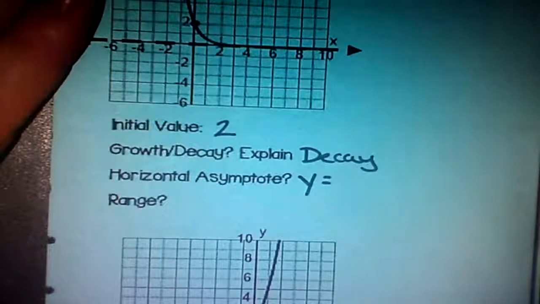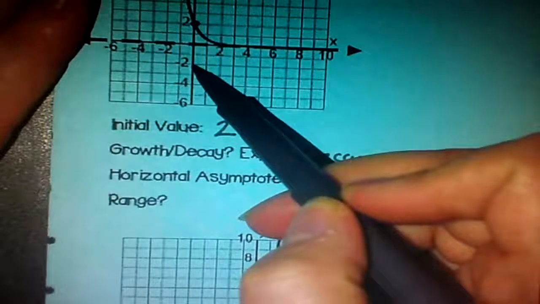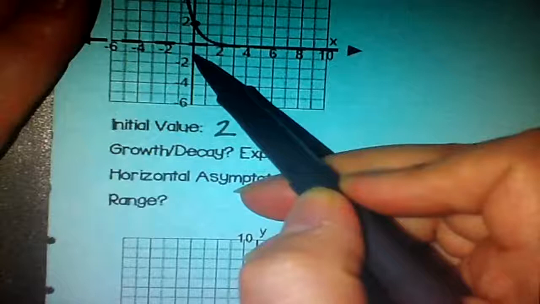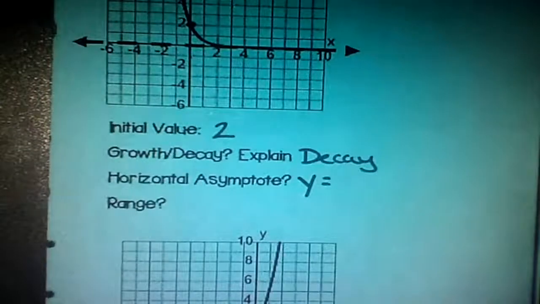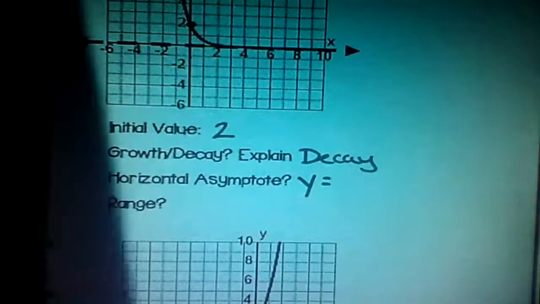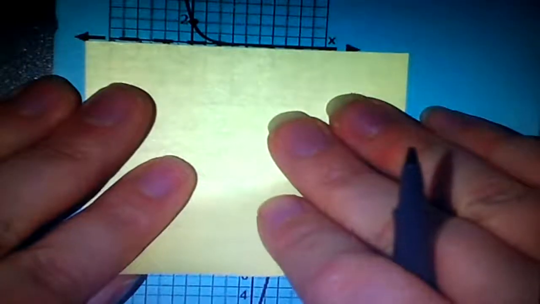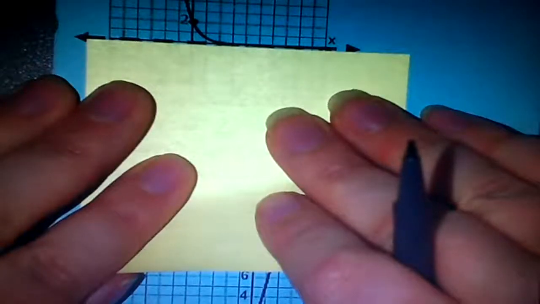-2. -2 is clear down here. Is it leveling off at -2? -1. -1 is here. No. 0. It is leveling off here. What y value is this? 0.